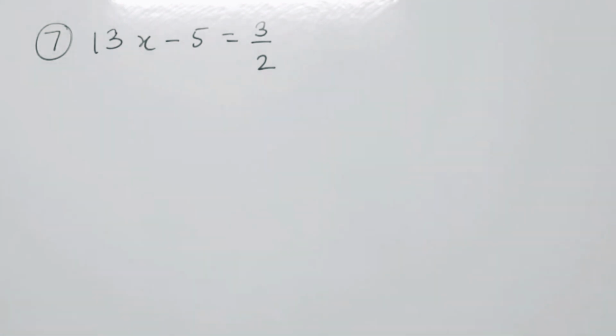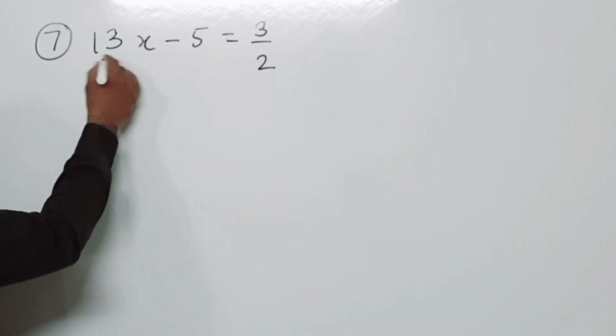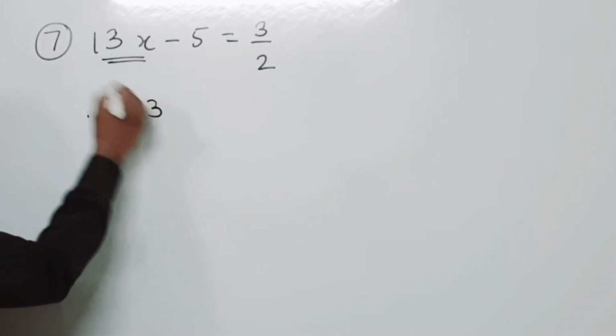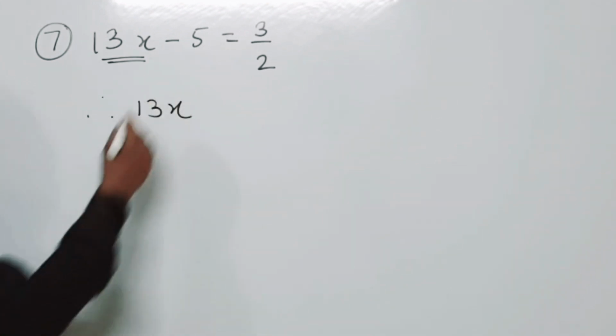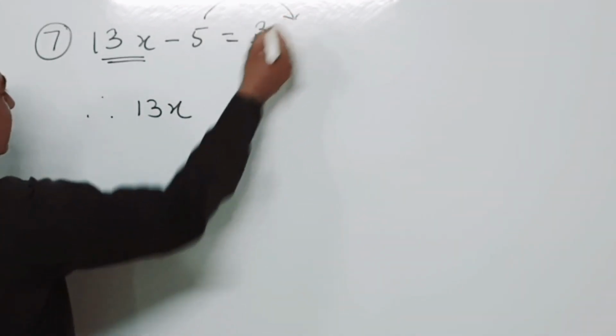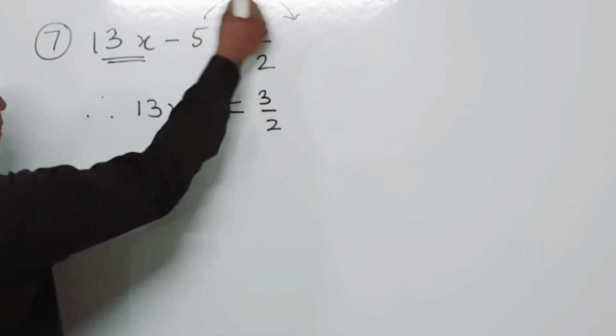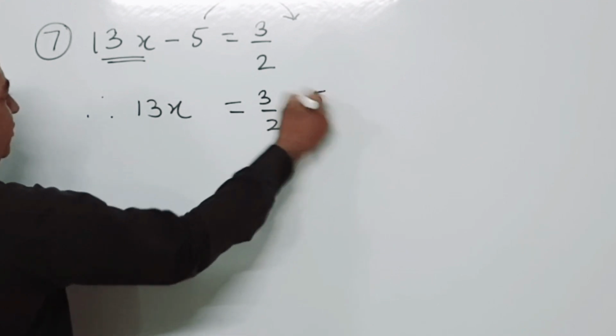Seventh example: 13x minus 5 is equal to 3 upon 2. So the next step, keep 13x on the left hand side of the equal to sign, and minus 5 will come on the right hand side. So 3 upon 2 minus 5 will become plus 5.